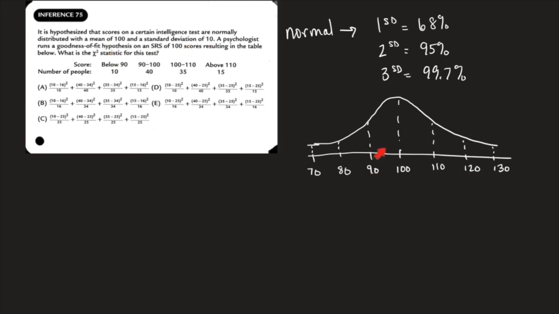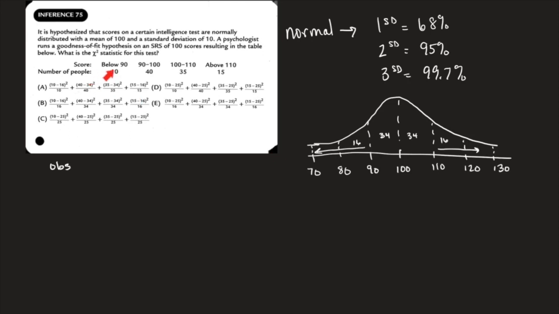And so I'm going to fill in the actual percentages that it's talking about. So between 90 and 100, I have 34. Between 100 and 110, I have 34. But then it says all below 90. And then it says above 110. We know that if you go above or below those values, this is technically 13.5 and then 2.35, and if we add all that together, we get 16%. And then 16% from here down.